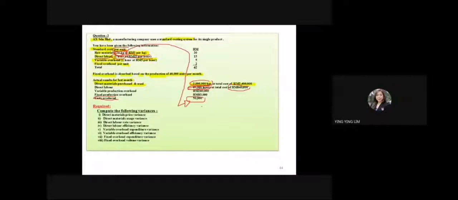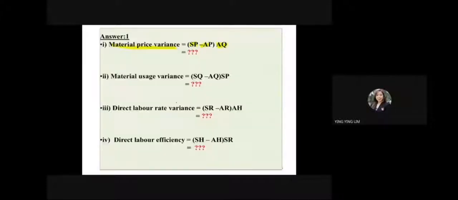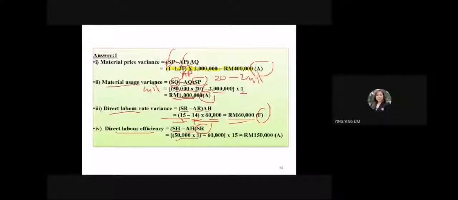So if I use 1 minus 60,000, it doesn't make sense. This 60,000 represents 50,000 units. So therefore, that 1 hour, after comparison, I need to multiply with 50,000. 1 multiplied with 50,000, you get 50,000 hours. And then you minus your total actual hours, which is 60,000 hours.